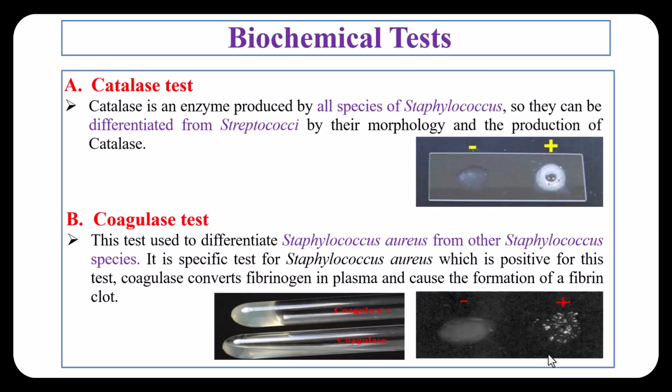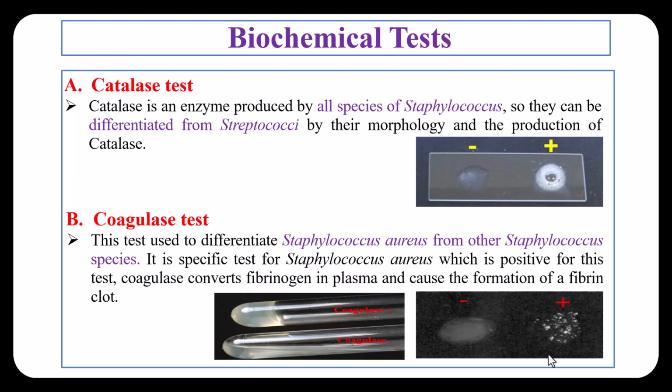After the microscopic examination and the culture characteristics, the biochemical tests should be done. This test is very important, as I already showed you the video about the procedure of this test in a previous lab. All species of Staph are catalase positive.